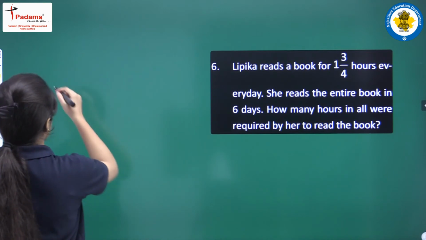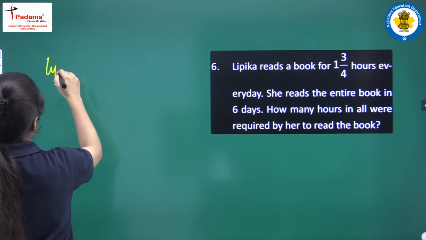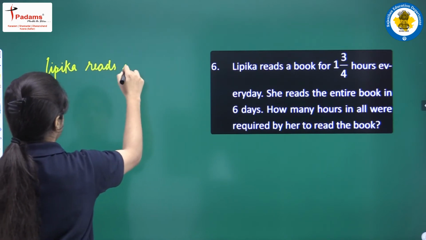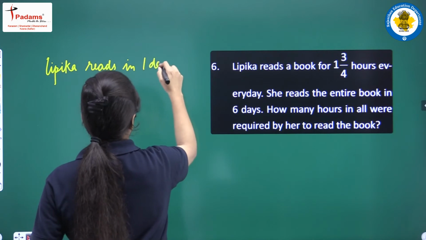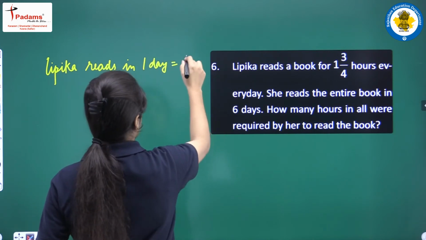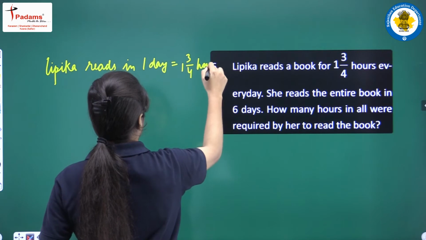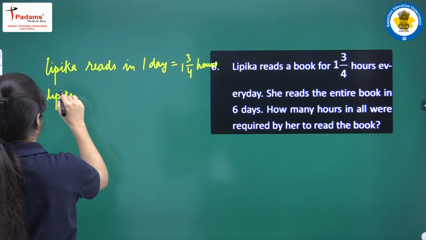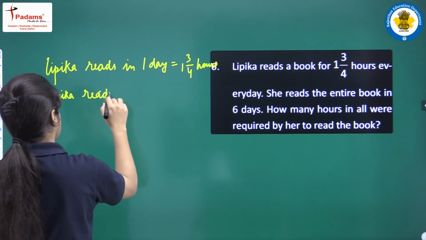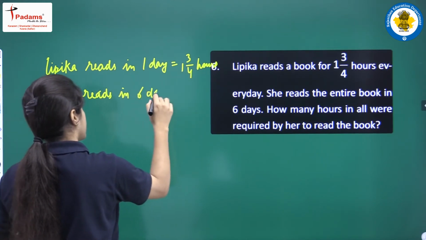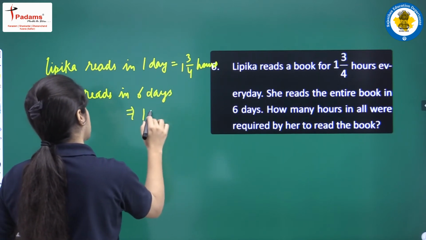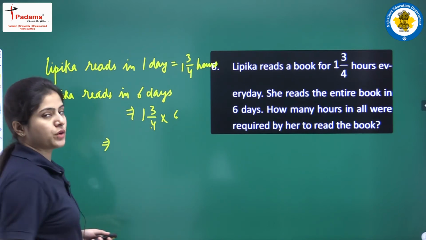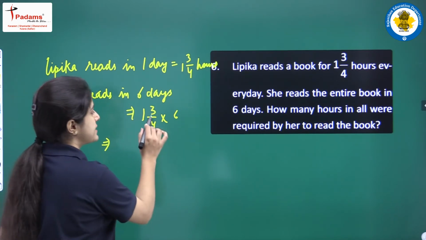Lipika reads in 1 day 1 and 3 upon 4 hours. Lipika reads in 6 days 1 and 3 upon 4 into 6. 1 into 4 is 4, 4 plus 3 is 7.